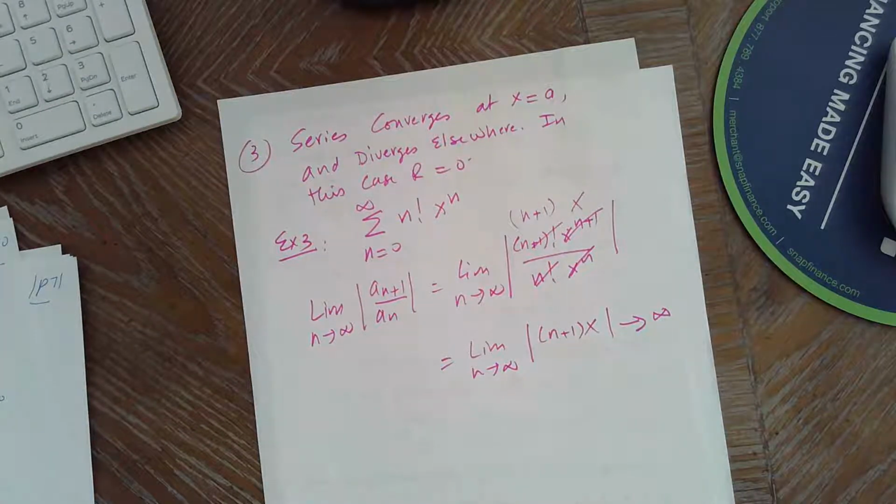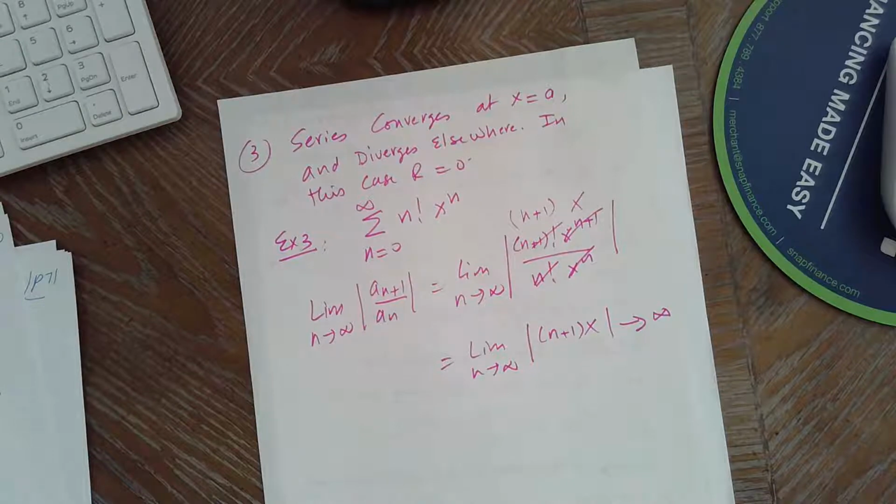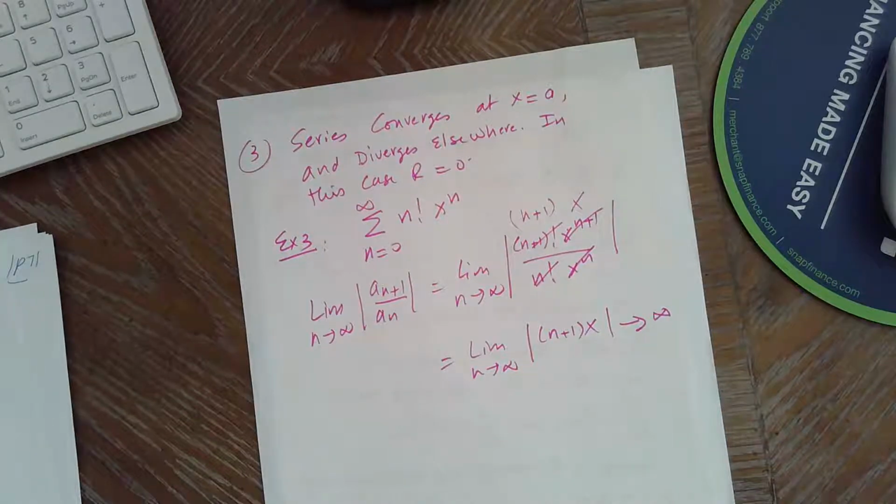If you look at the ratio test, which is in 11.6, if the limit is less than 1, then the series is convergent.